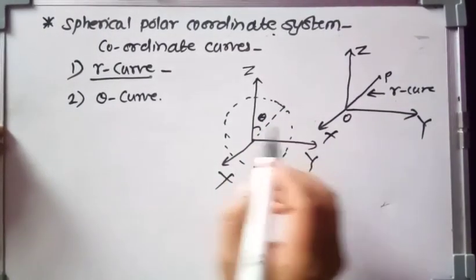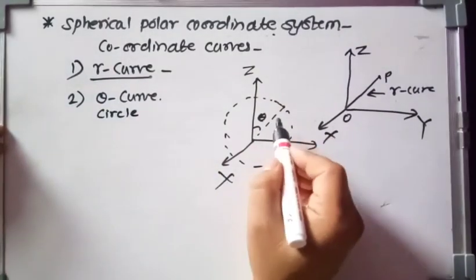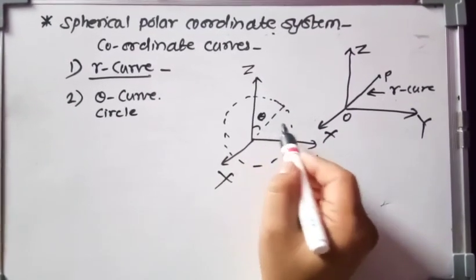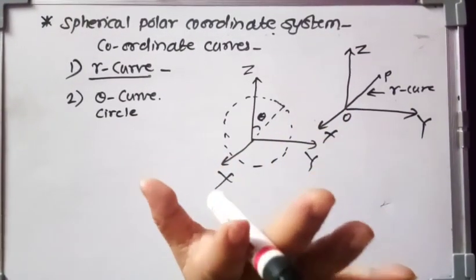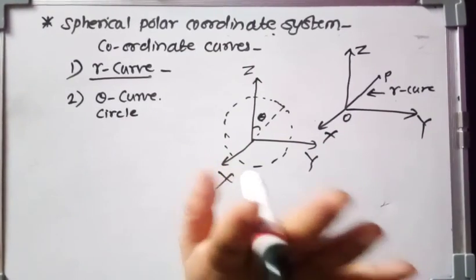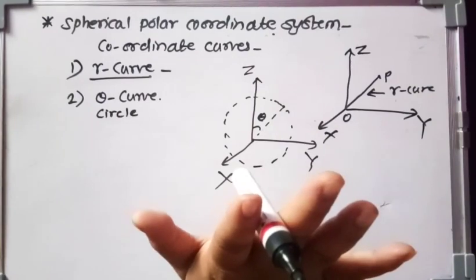That is, theta curve is a circle of radius r, and this circle is along phi plane and along r surface.